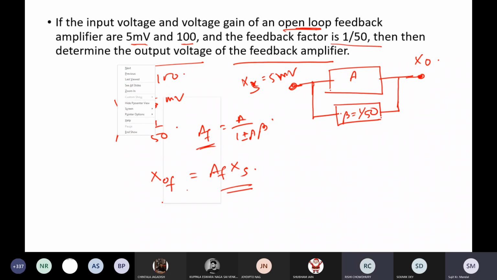And accordingly, you mention that if the feedback type is positive, the output voltage would be this. If feedback type is negative, then the output voltage will be this. Just you mention. And if it is specifically mentioned, then you have to follow according to the feedback type.